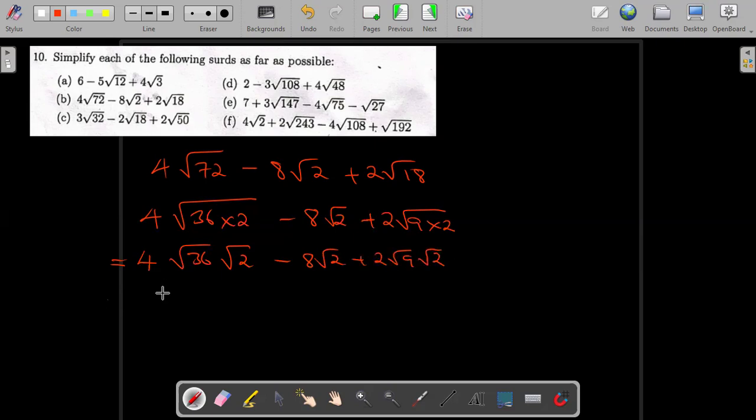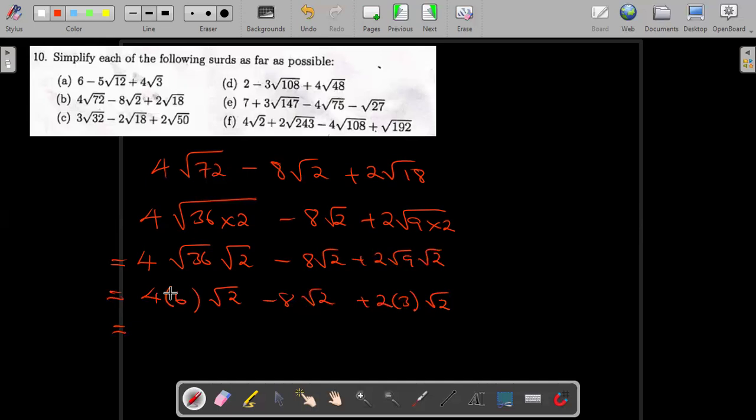This here is just going to be equal to 4 times square root of 36, that's just going to be 6, and you have square root of 2 there, then minus 8 square root of 2, then plus 2 times square root of 9, which is 3, and you have root 2 there.